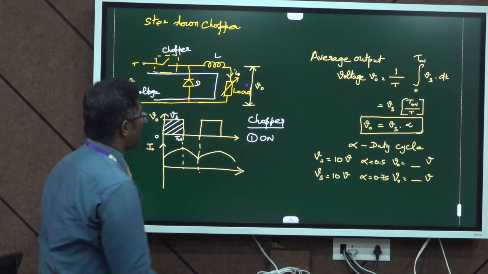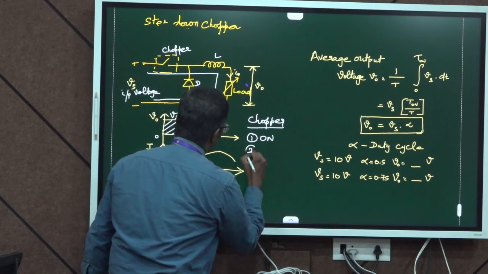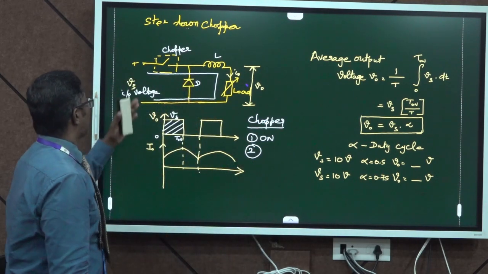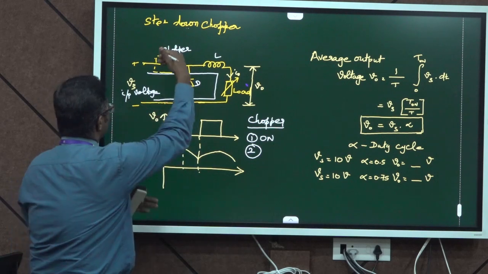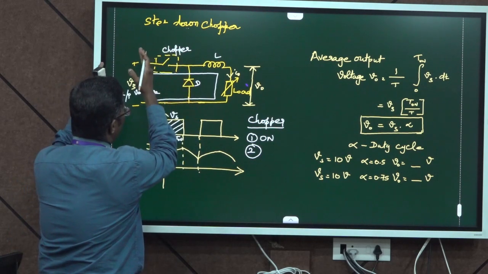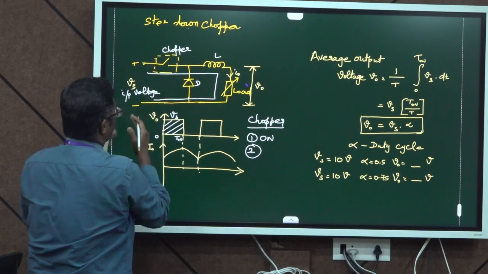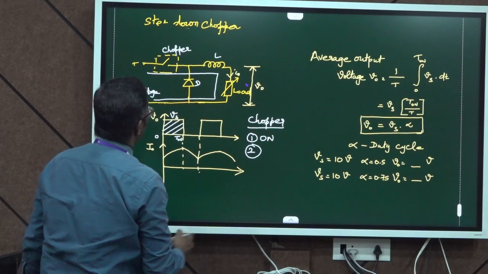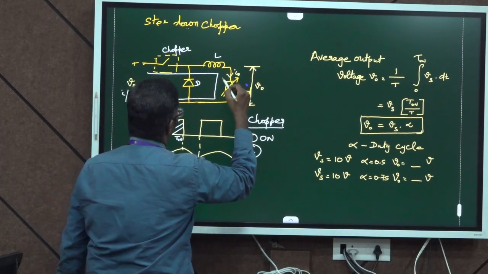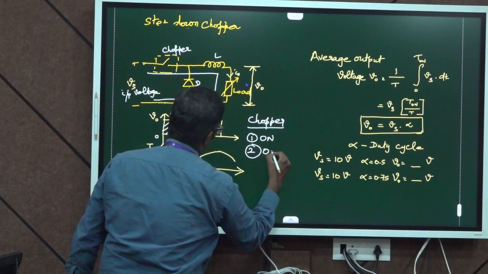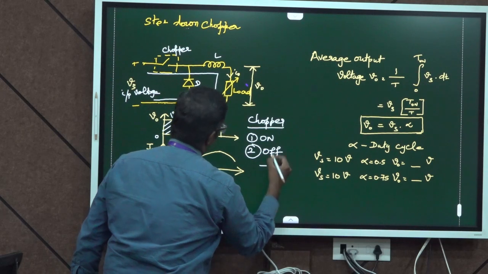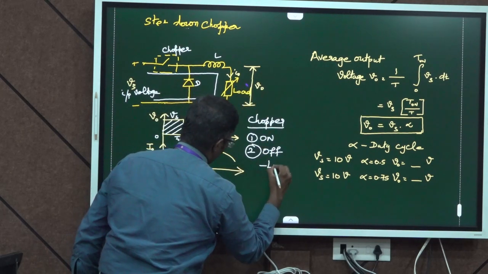In the second case, whenever the switch is turned off, the load will be disconnected from the supply, and the terminals across the load are shorted. Whenever the chopper is in the off state, the load terminals are shorted.